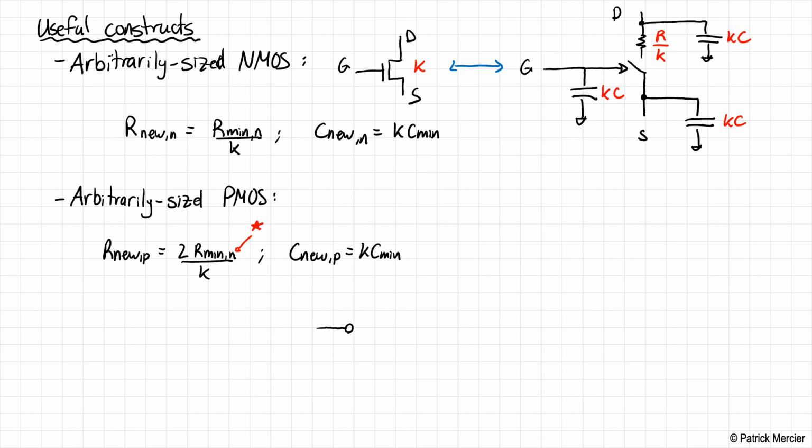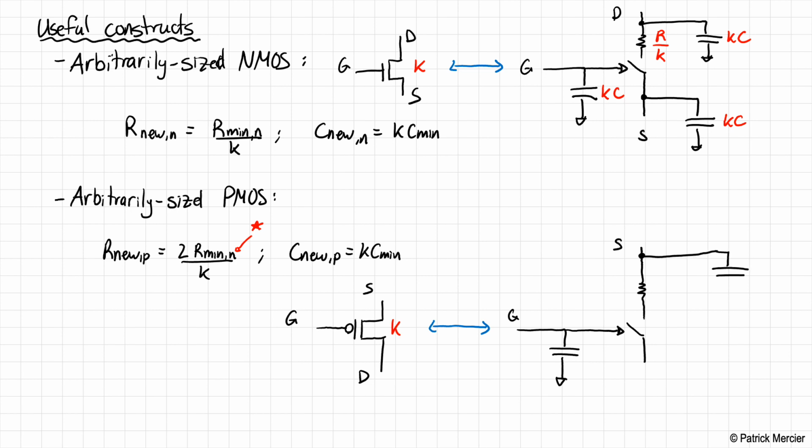Okay, so if we have our PMOS transistor here, with the gate, source, and drain, and it is of size K, then it can be represented by the following circuit model. We have the gate that goes onto some capacitance. This capacitance triggers a switch. The switch has some resistance attached to the source with some capacitance, and the drain, of course, also has some capacitance.